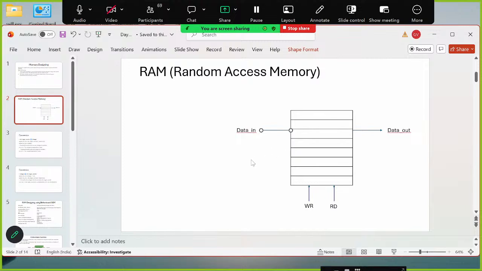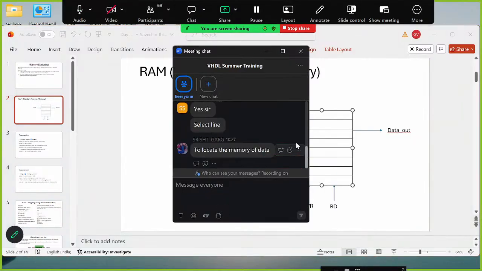Otherwise, if there is no selection or address of where we want to store the data out of these 8 registers, then this data will be written in all the registers, same data, which is of no use. We want the data stored here, not different data over here. Okay, yes, to locate the memory of data.